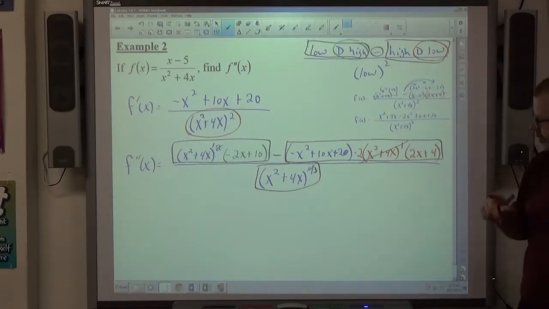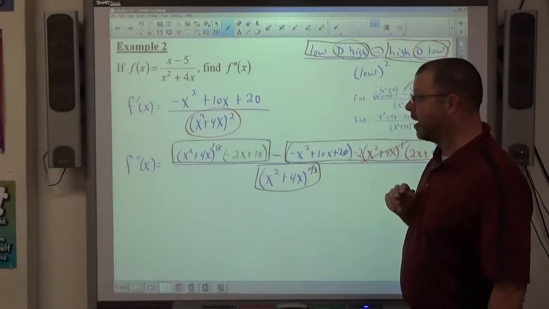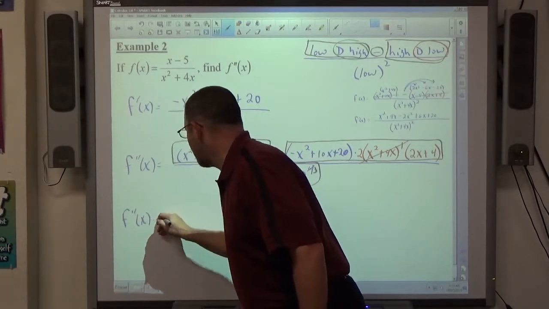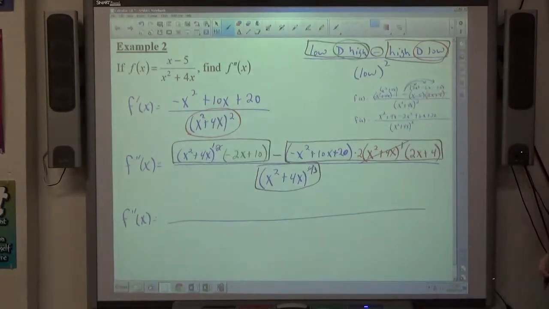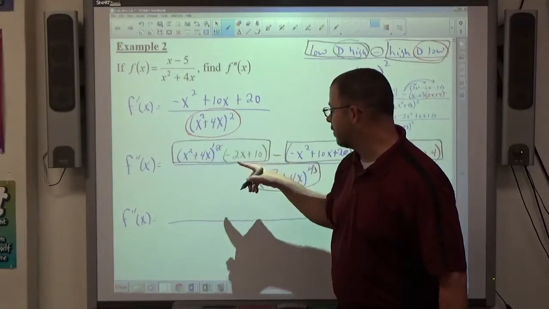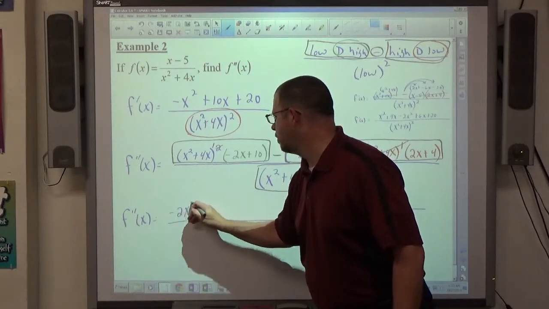All right? So, now if I start simplifying this thing, I'm doing algebra now, right? So f double prime of x, not changing that structure because it's still algebra. This FOIL is a little uglier than the last FOIL was, so maybe I'm just going to do this in pieces. This is to the first, this is to the first, that's just basic binomial multiplication. X squared times negative 2x is negative 2x cubed.